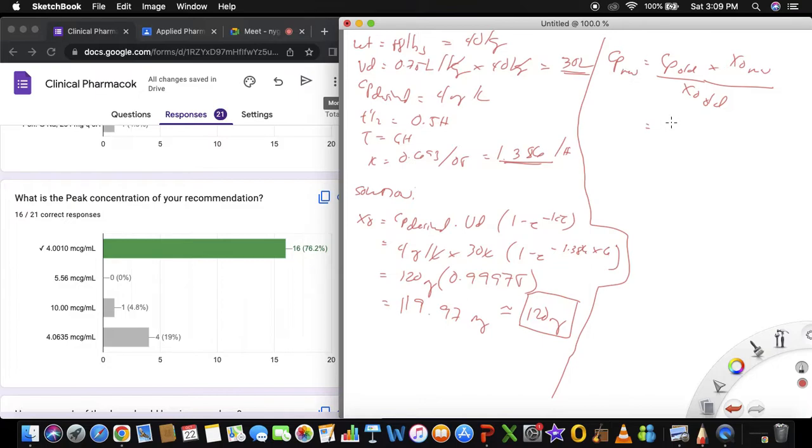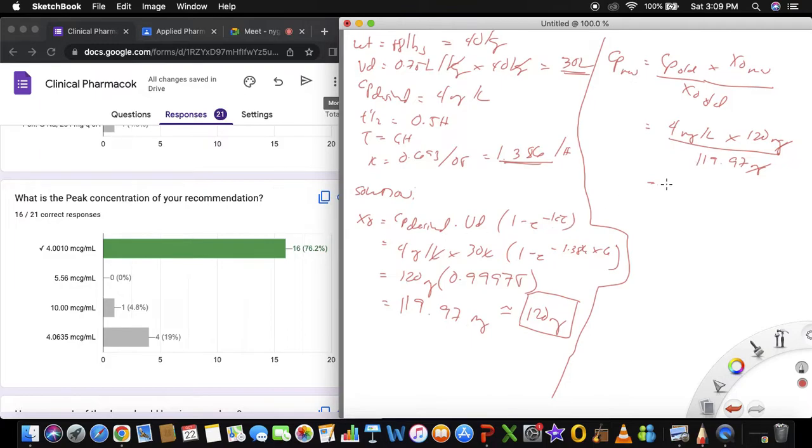So, I expect CP old to be 4, because that's what I got earlier. 4 milligrams per liter times, what dose did I use? 120 milligrams, divided by 119.97. Cancel, cancel. Oops. So, 4 times 120 divided by 119.97.